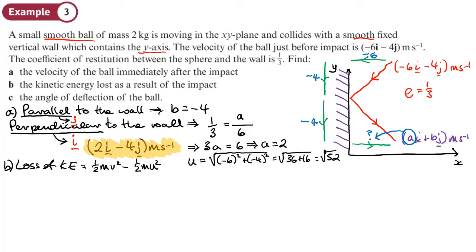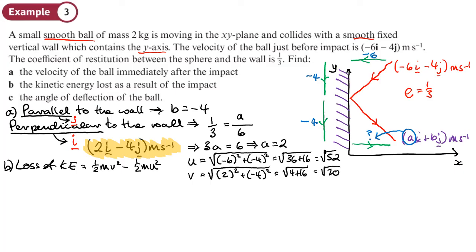Okay, so that's my value of u. And v is what I worked out in my second bit, so that's going to be the square root of 2 squared plus negative 4 squared, so the square root of 4 plus 16, which is root 20.